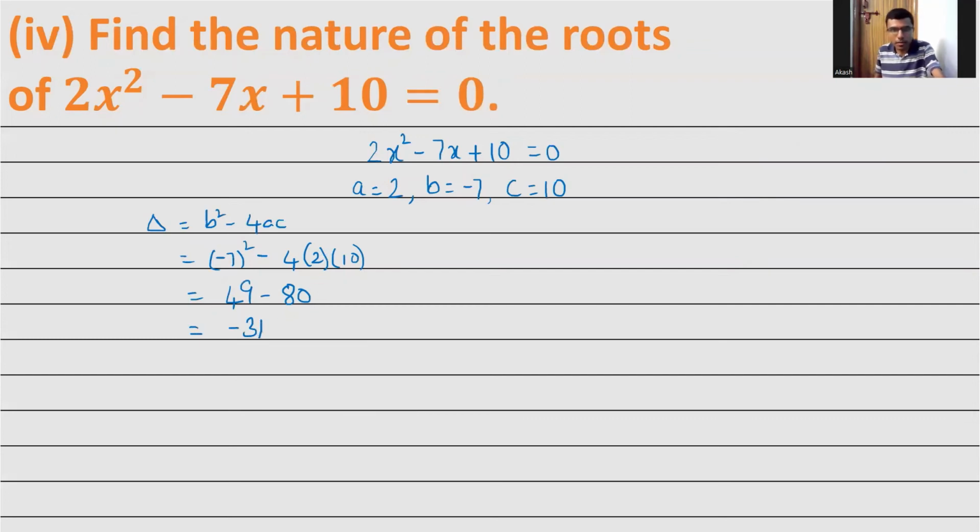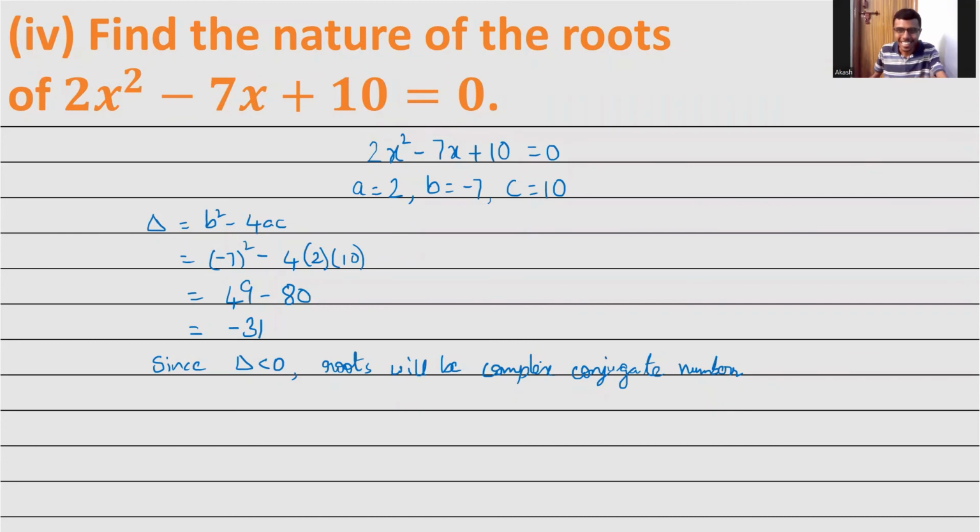Now here, since delta is negative, since delta is less than 0, roots will be complex conjugate numbers.